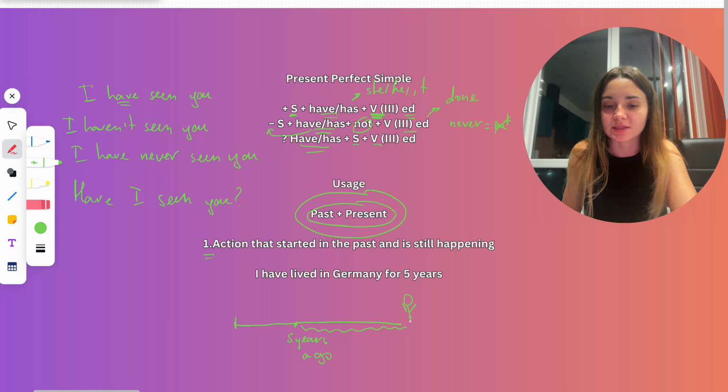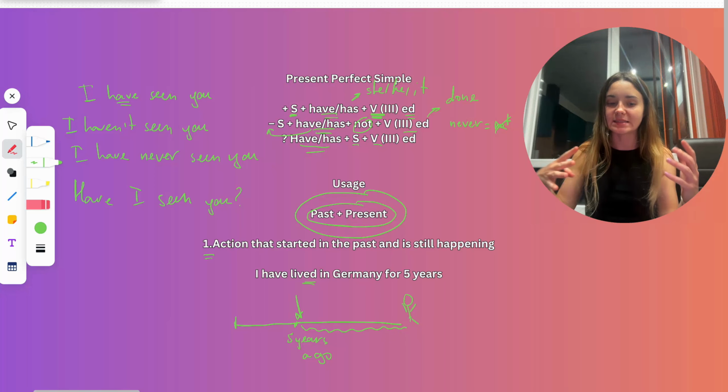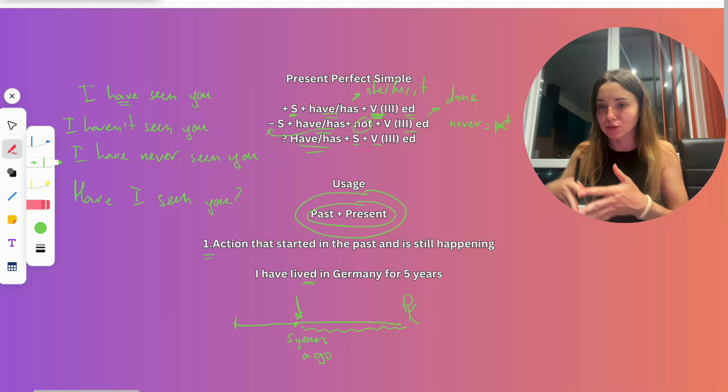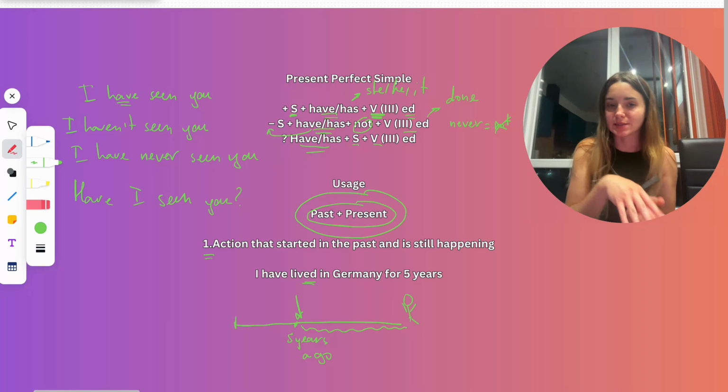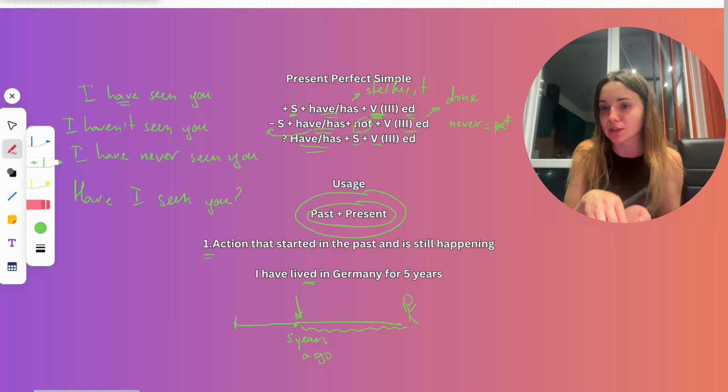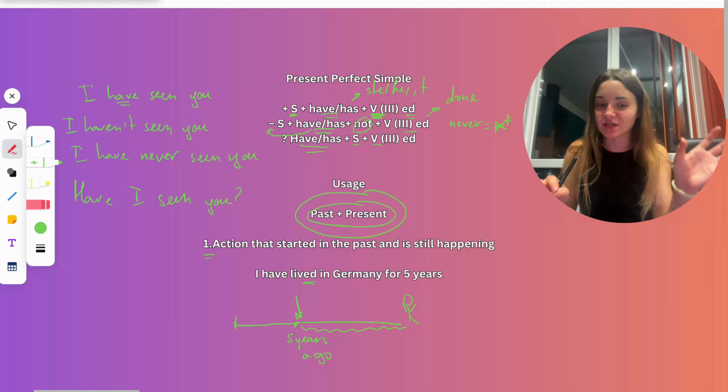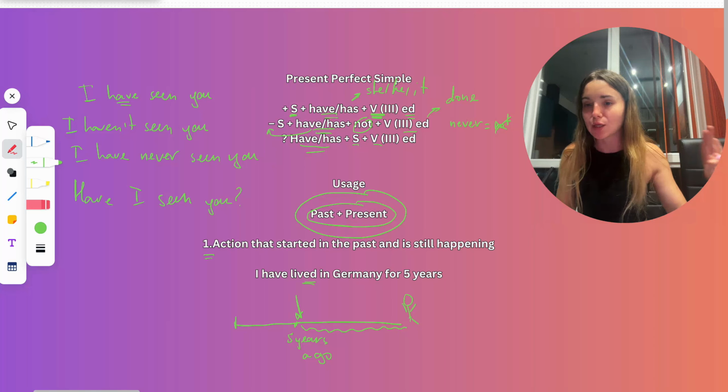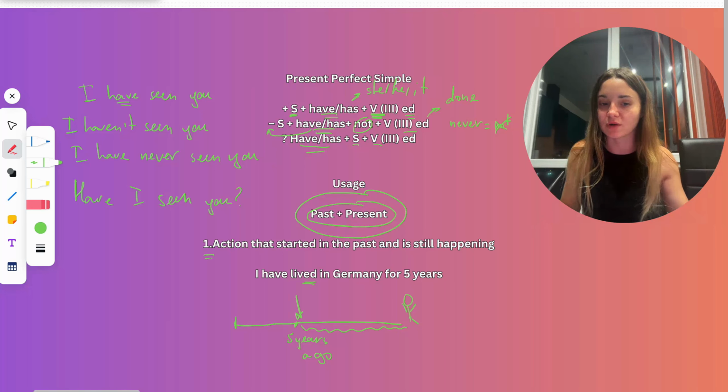So I'm now standing right there, and something that started in the past right here, I started living in Germany 5 years ago, and it is still happening nowadays. So we show that the process is still continuing, that it didn't just stop. Because, for instance, past simple is about something that started and finished in the past, right? So it has nothing to do with the present anymore.